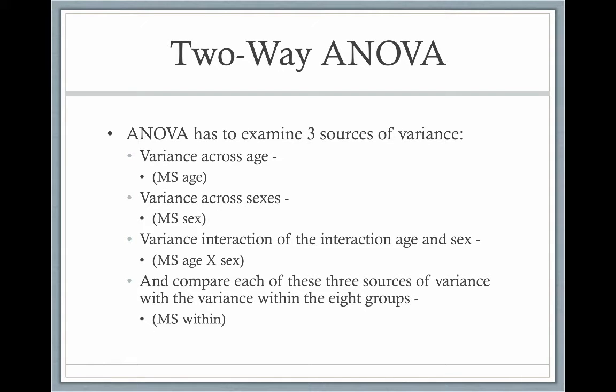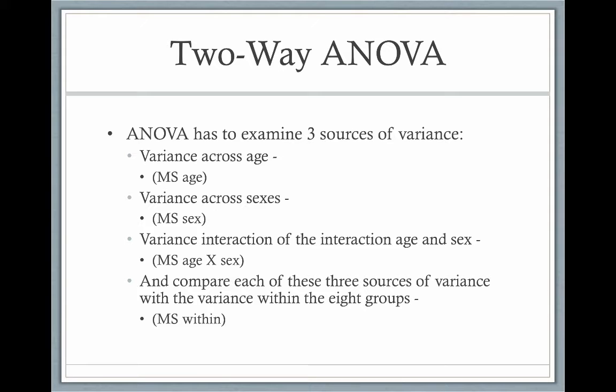The ANOVA has to examine three sources of variance: the variance across age, the variance across sex, and the variance of the interaction between age and sex. And it has to compare each of these sources of variance with the variance within now 8 groups.